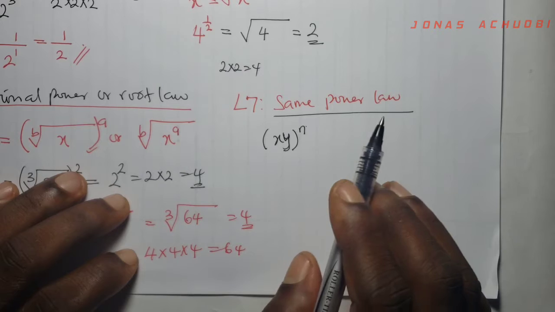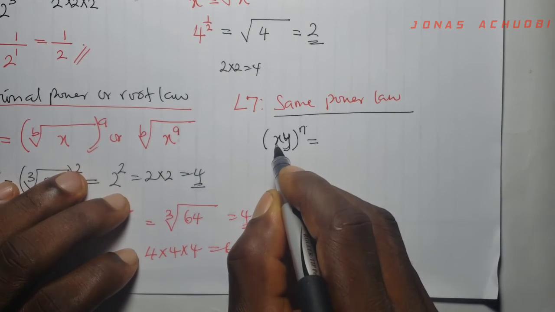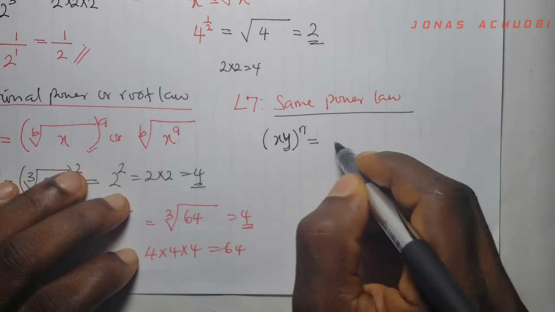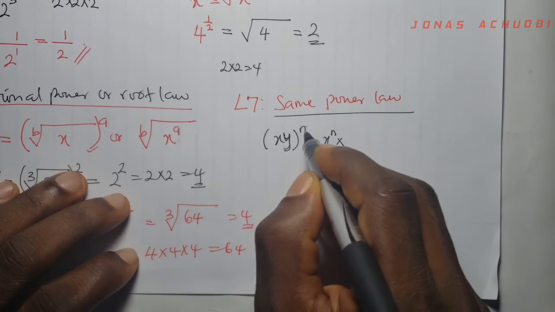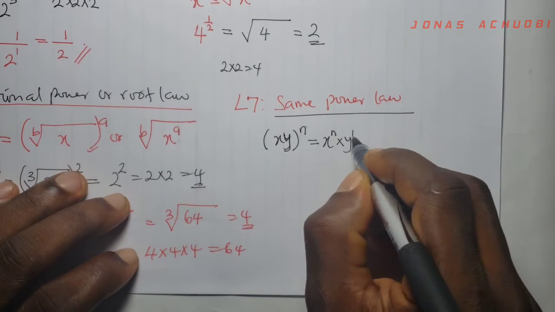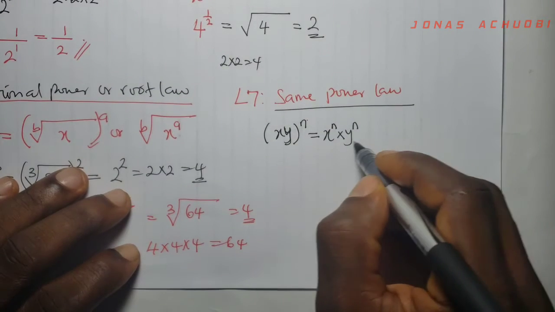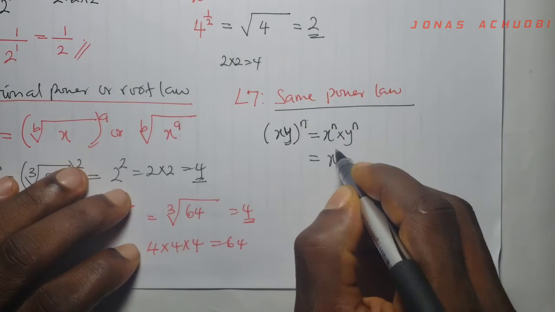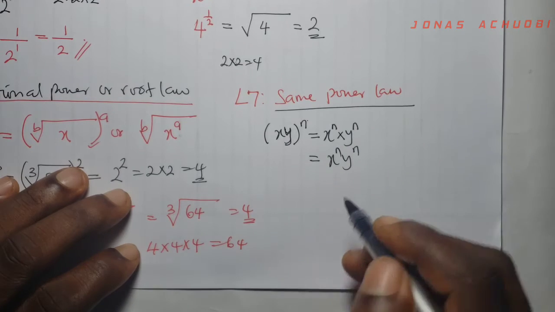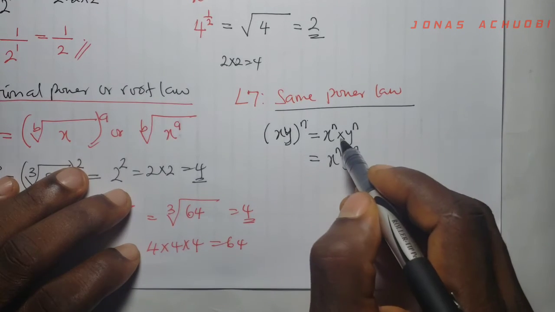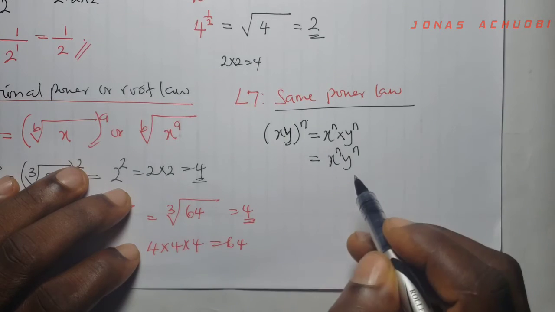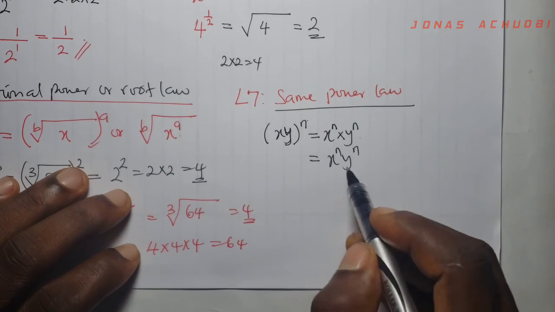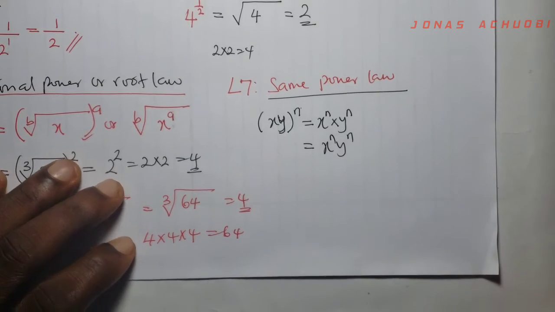By this law, what we simply do is this. The first base is x, so x will go with power n. So we write x raised to power n times y will also go with power n. We write y raised to power n. So we can simply write this as x raised to power n, y raised to power n, since these two mean the same, with the understanding that these two mean one and the same.